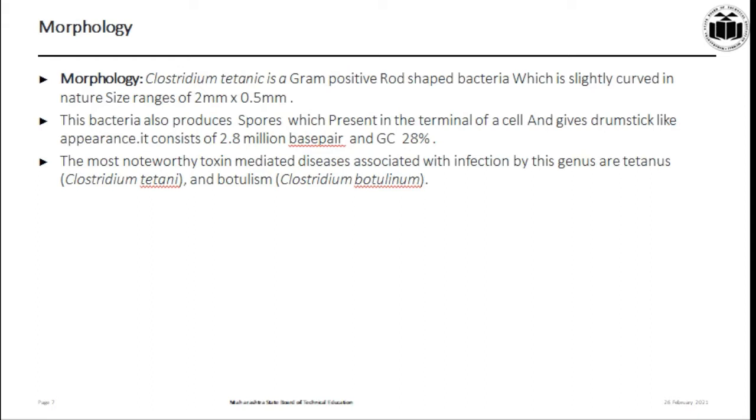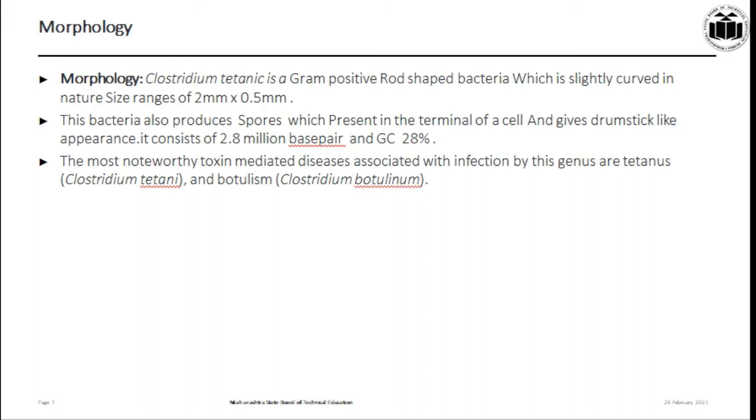So Clostridium tetani, but another well-known bacteria, well known as a very toxin producing organism, also belongs to this group, and the species is Clostridium botulinum.